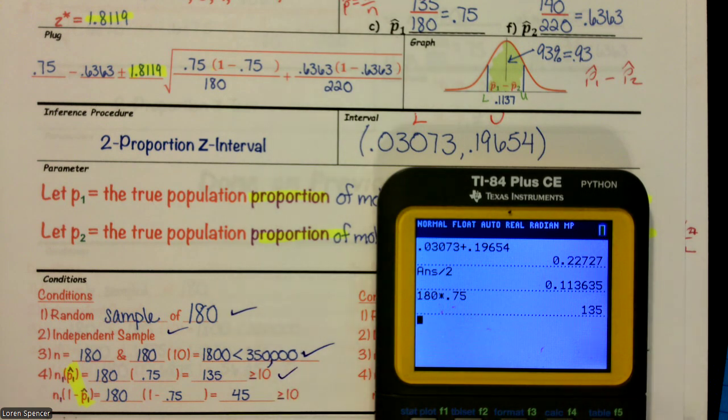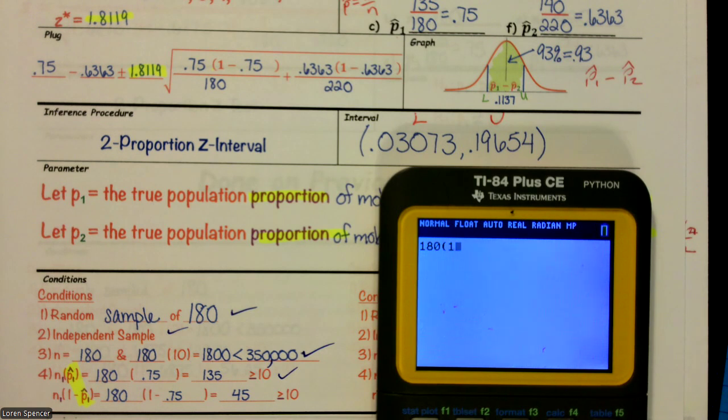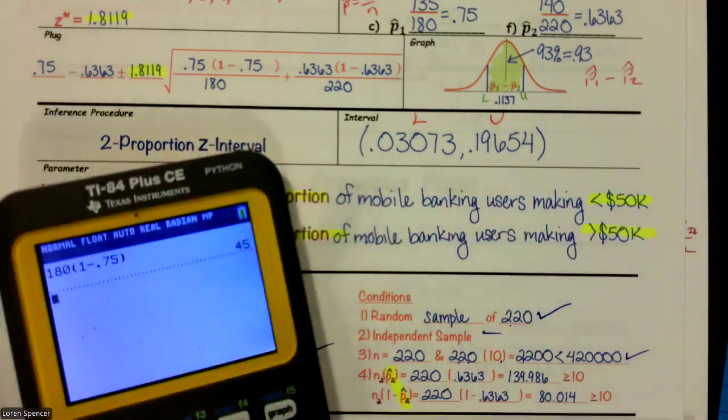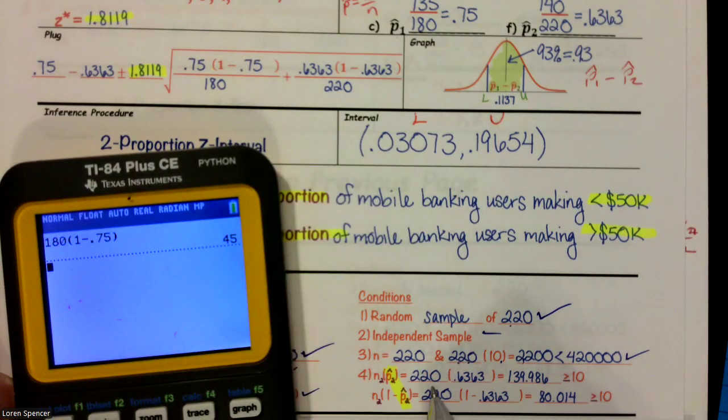Is the second part big enough? So I have to go 180 parentheses 1 minus 0.75, close those parentheses, and I get 45. It's bigger than 10, so that's good. Over here, we had sample size of 220, and our p hat 2 was 0.6363, which is right there.